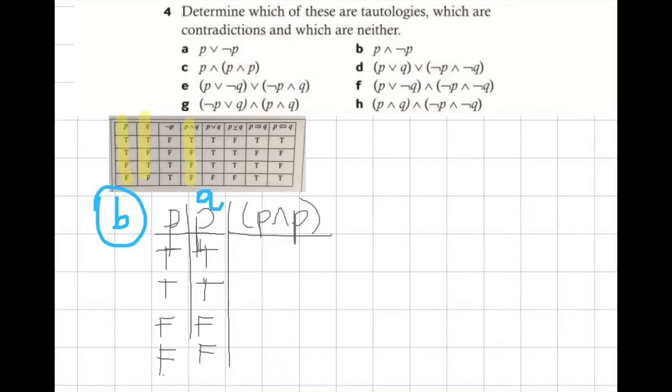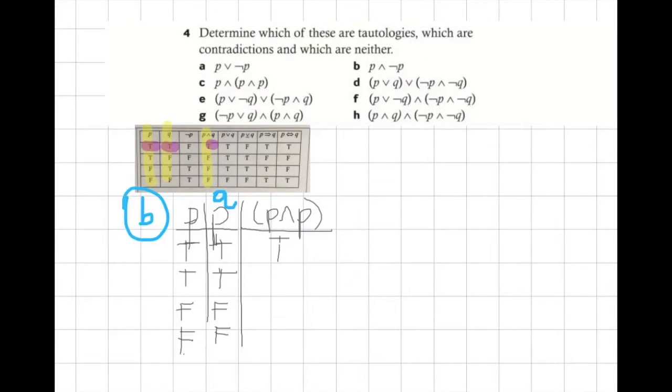So our first one will be true, true. So if they're both true, then this one is also true. Okay, our second one is true, true again. So that's also true.